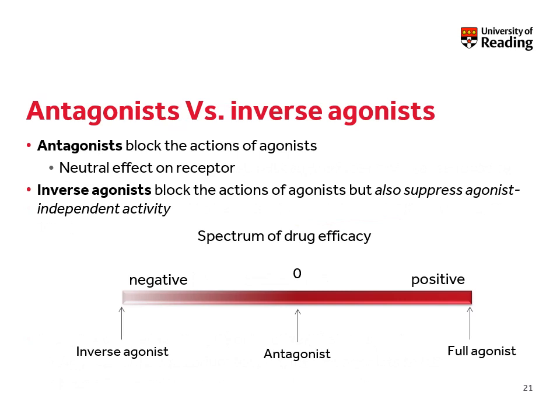So what does that mean in terms of inverse agonists? Well, we've got the two-state model, which I'll come back to in a moment, but it means we've got a kind of spectrum of drug activity. We know that normal antagonists block the actions of agonists, so we say that they have a neutral effect on the receptor.